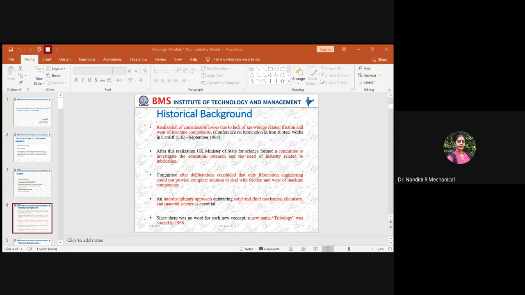And later, the atomic force microscope was evaluated in 1985. So this is also one of the equipment which is used in order to measure the structural and functional properties of any material. Nowadays also people use this atomic force microscope. You can find it in the laboratories of electrical characterization, structural characterization also. Okay.